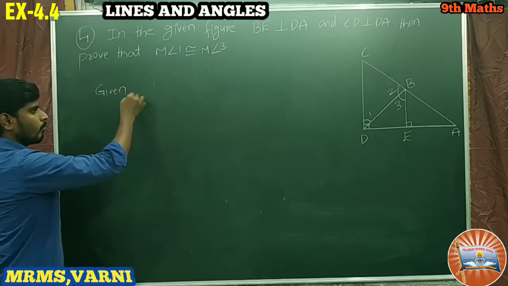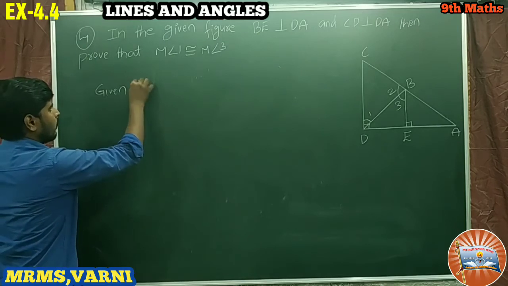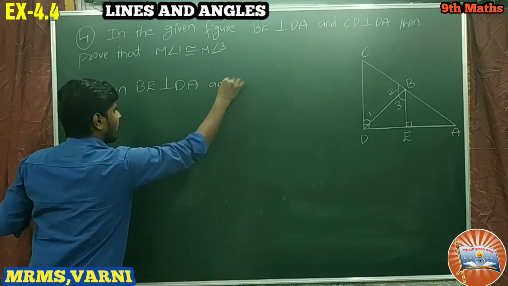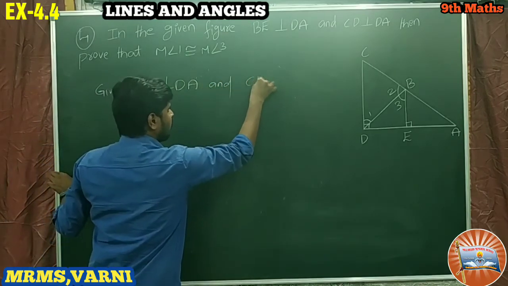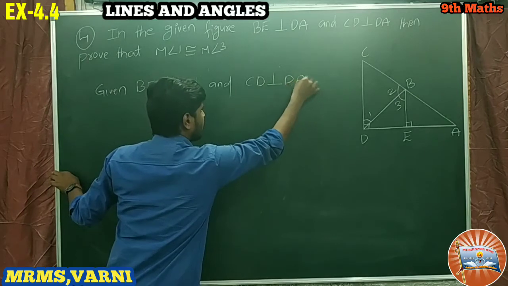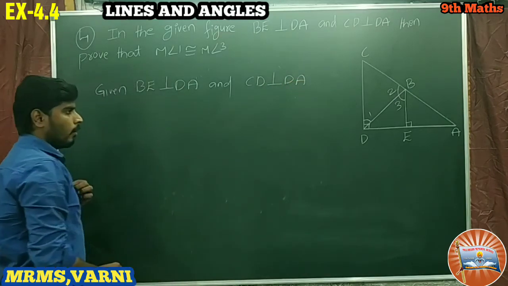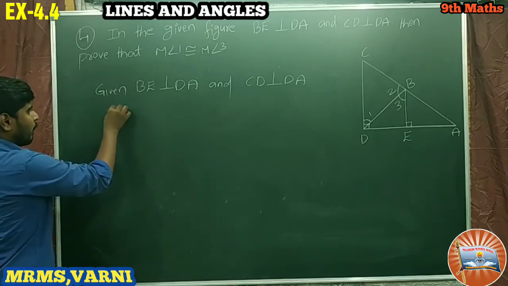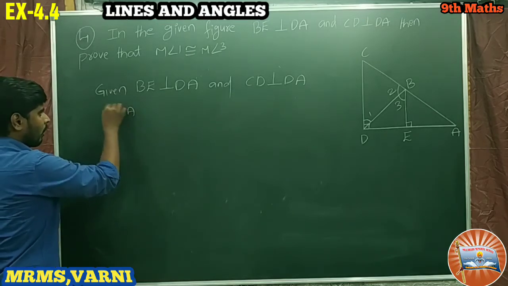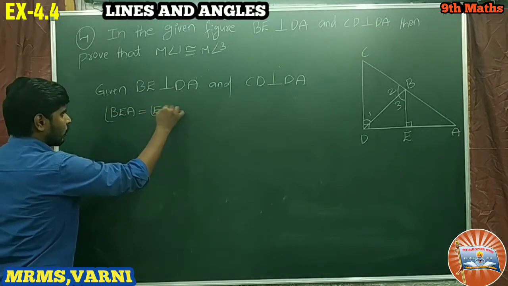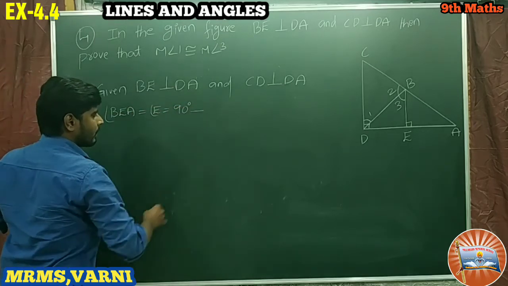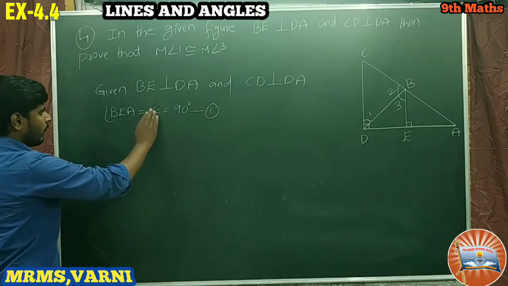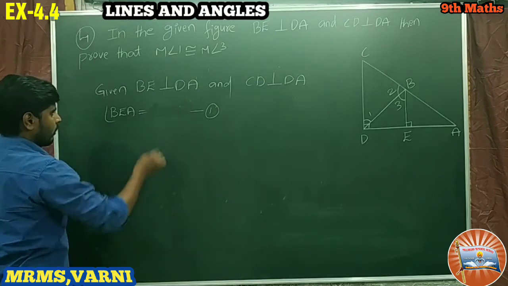Given: BE is perpendicular to DA and CD is perpendicular to DA. So if BE is perpendicular to DA, angle BEA is equal to 90 degrees. That is equation 1.